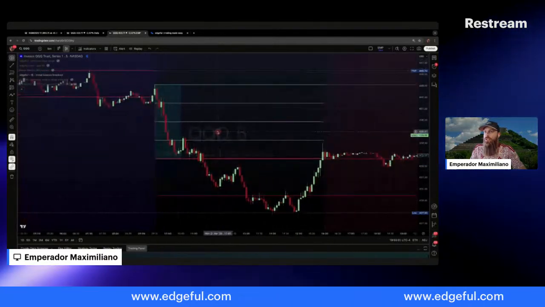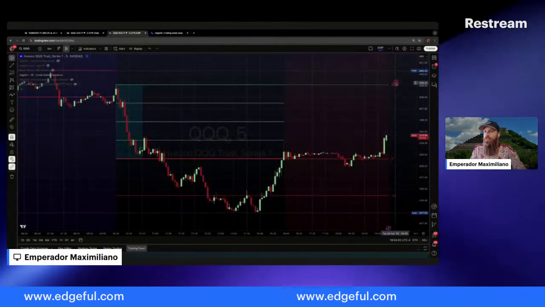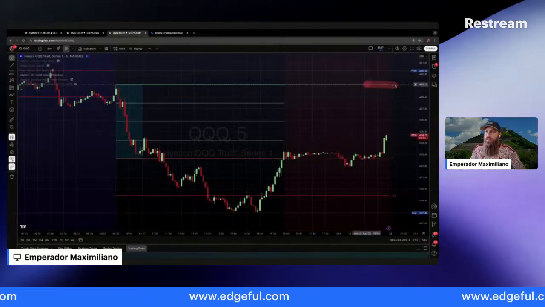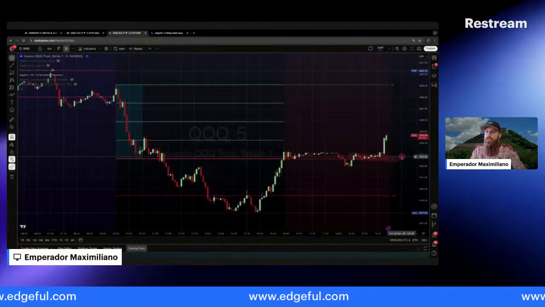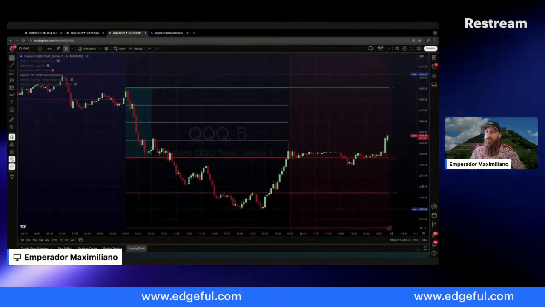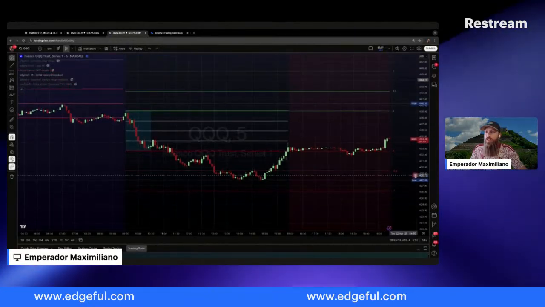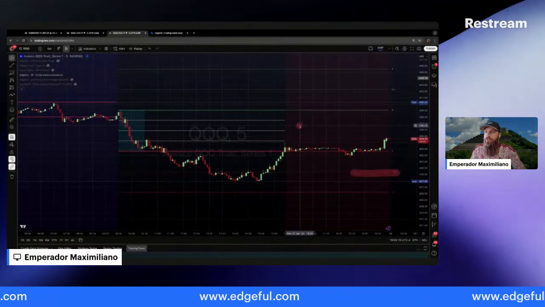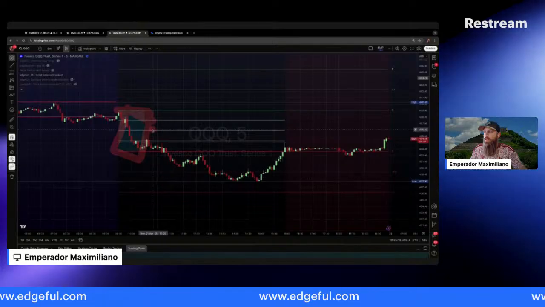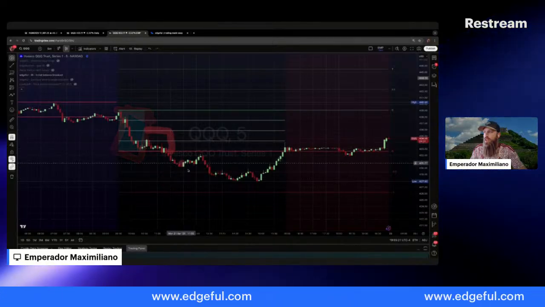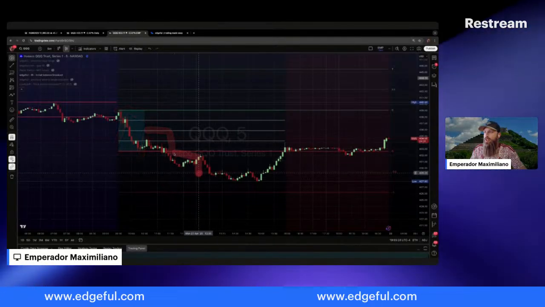All right, now if you see over here on the right side, you see how this is the zero line up here, right there, and this is the zero line? It's because this is IB high, this is IB low, and what it does is mark, okay, here is half of this range. So if we take this range right here, what we had that first hour, basically this distance, and we add it again, there it is.